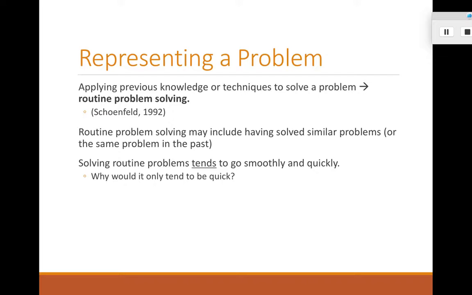So we always have to make sure that we understand, with routine problem solving solutions, that even though we've engaged in that behavior in the past and it's worked, it's not always guaranteed that it's going to help with your current problem, even though it may be the same problem or a similar problem. We always have to understand that there may be some deviations in terms of the goal or in terms of the method that we use to solve that potential problem.